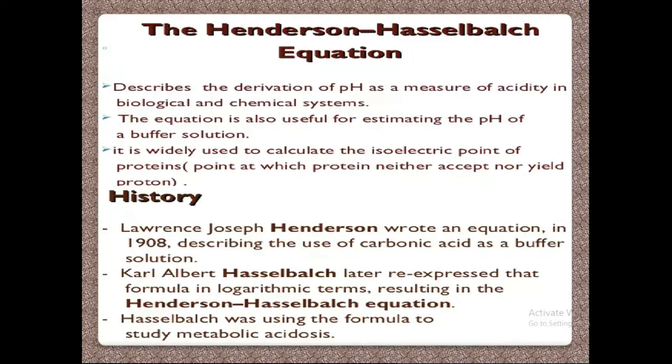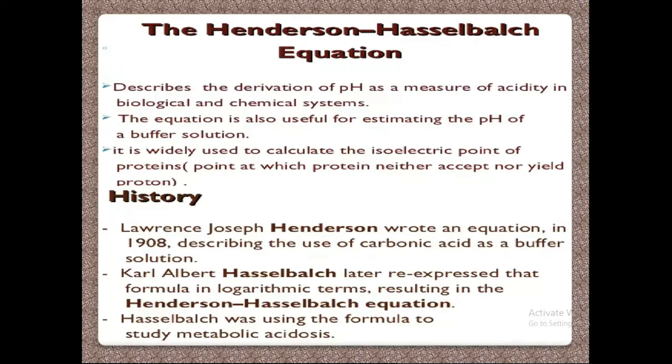Taking the negative log, so you are taking the logarithmic value, negative log on both sides of this equation. It gives minus log Ka is equal to minus log of H3O plus molar concentration into A minus molar concentration divided by HA.